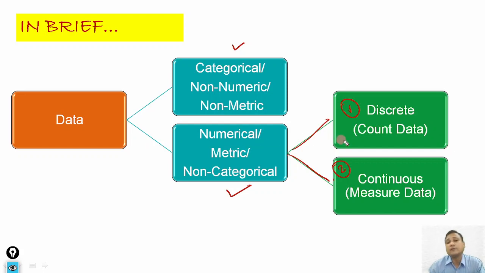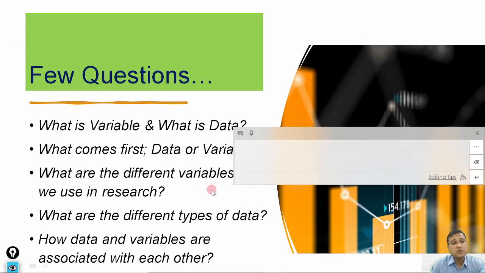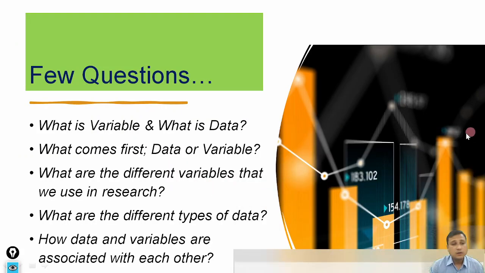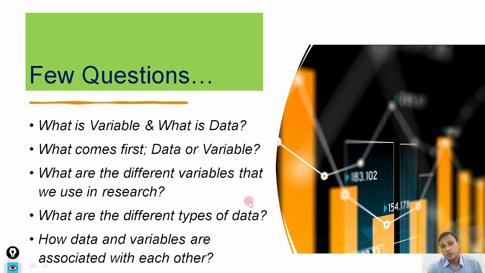And numeric data is further classified as discrete data and continuous data. So far as this lecture is concerned, I hope this is the slide, and here are the same questions we asked at the beginning of this lecture, and I hope that this lecture has answered all these questions.